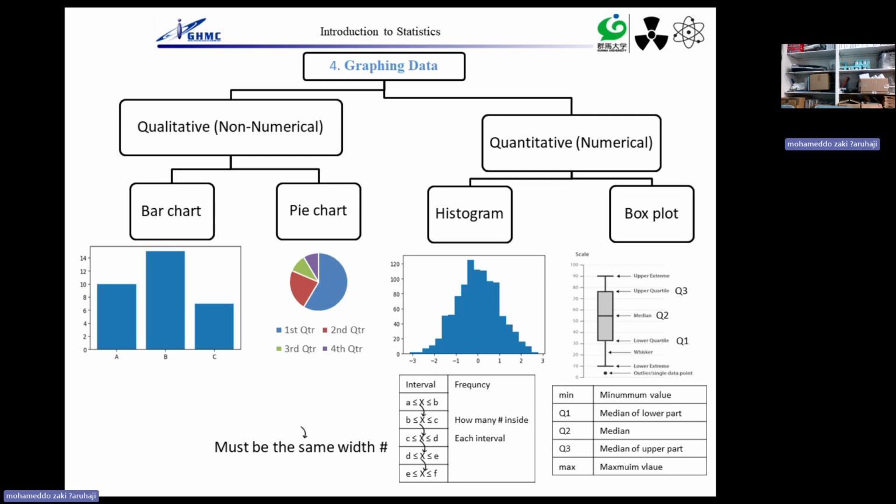If it's outside, like here, yes, so it does not include Q2. If the value is in the range, your Q2 includes this date. This point is included in my Q2. Yes.